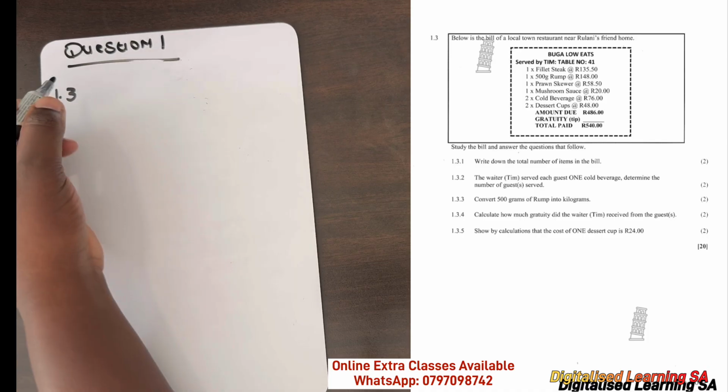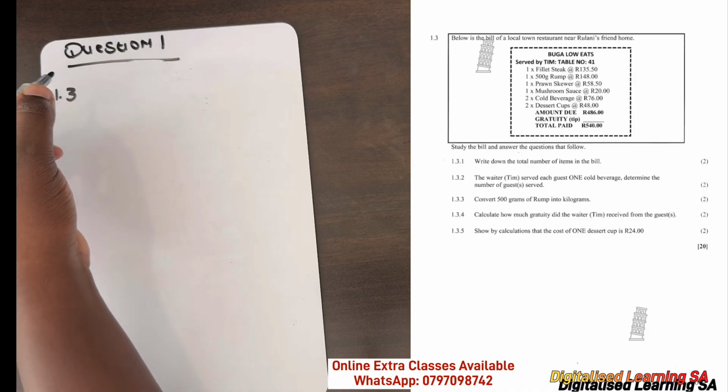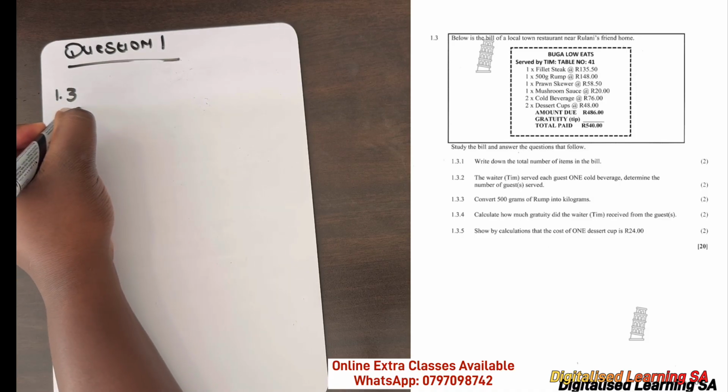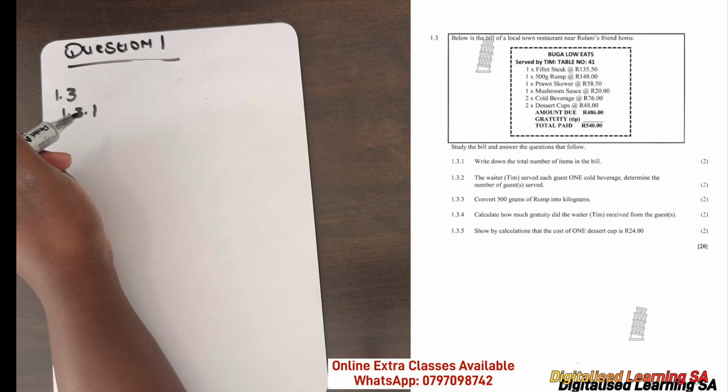Without wasting any time, we will start with question 1.3.1. Question 1.3.1 says: write down the total number of items in the bill.